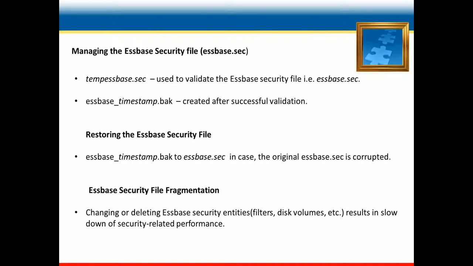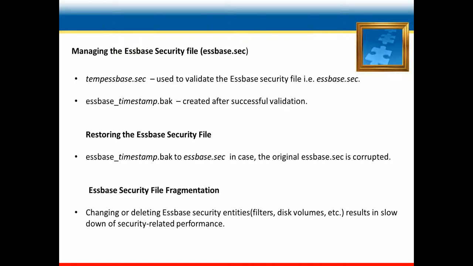There are possibilities that sometimes the SEC file gets corrupted. In that case, we just have to restore the backup file to the SEC file. It can just be renamed and we can start the service again, and thus we can restore the security for SBase.